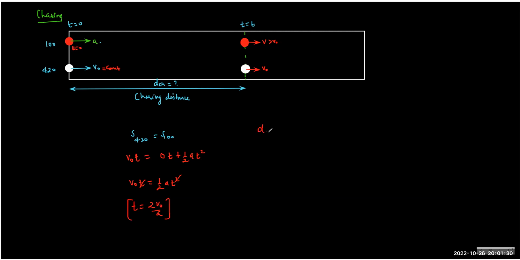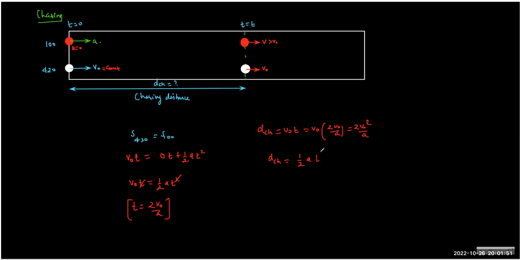So the chasing distance we can write as v naught t, or half at squared, it's the same thing. Substitute the value, t is 2 v naught by a. You could have used the other formula, half at squared, and it will give the same answer. Let me show you.